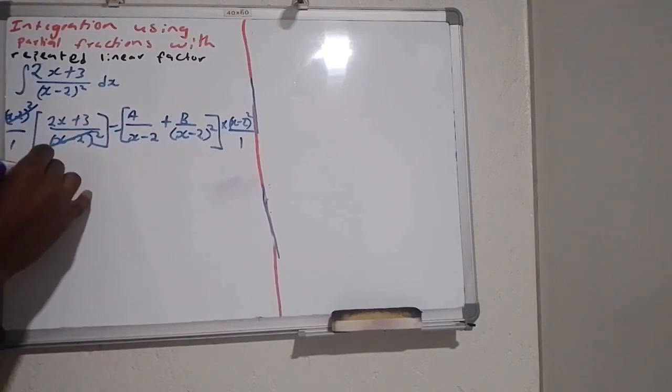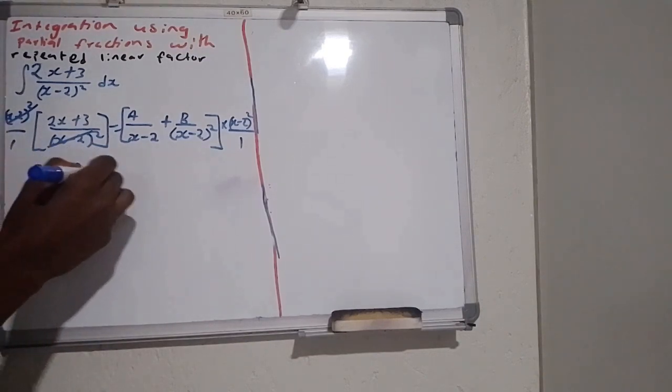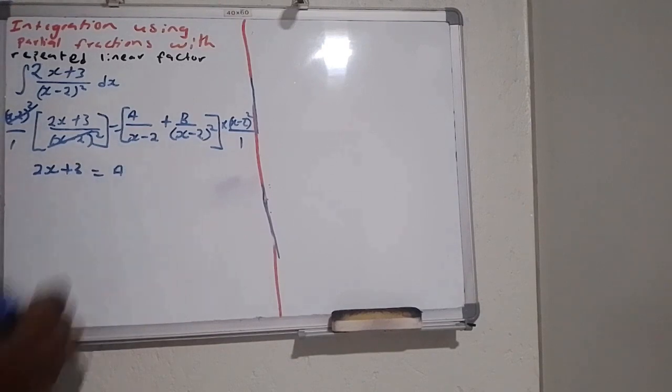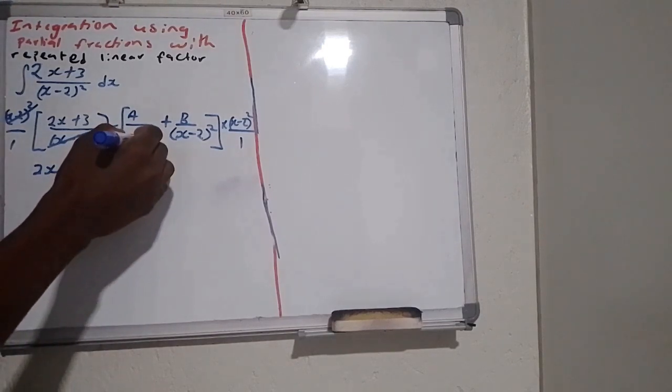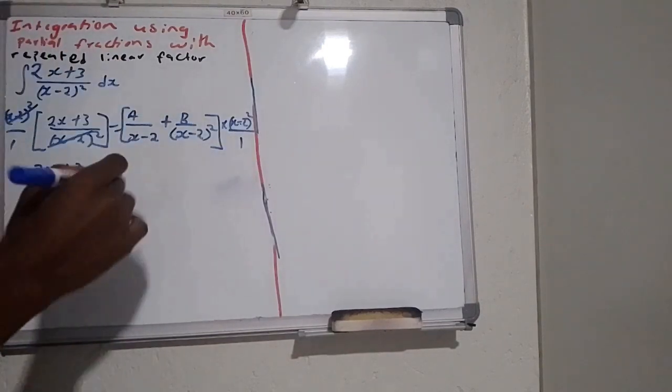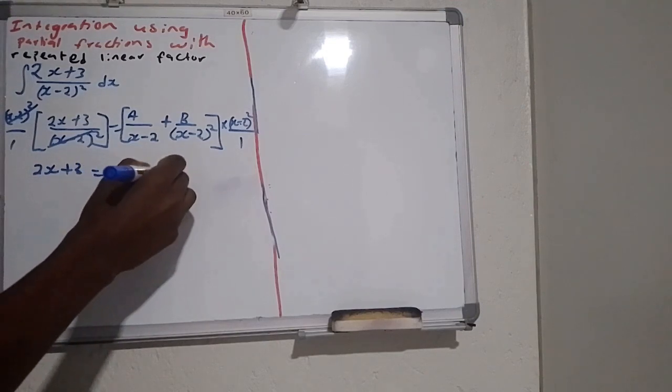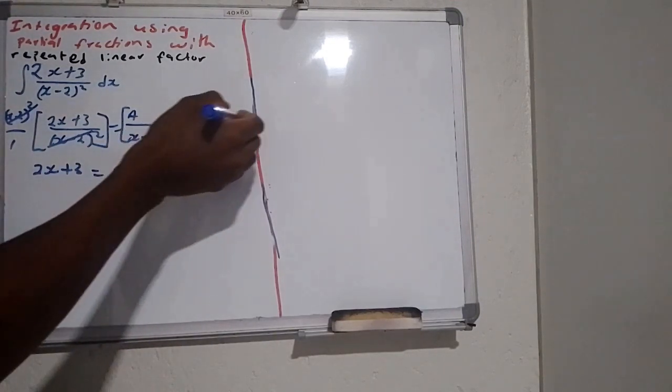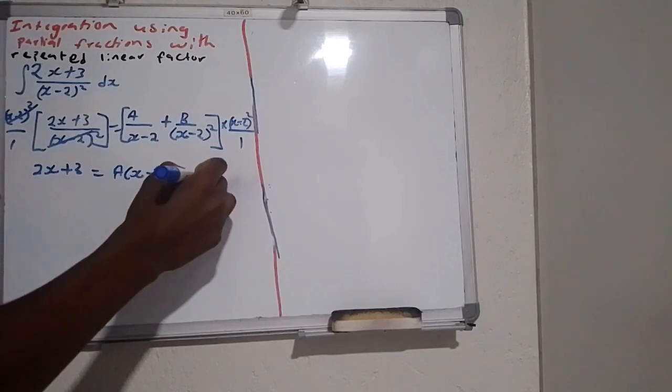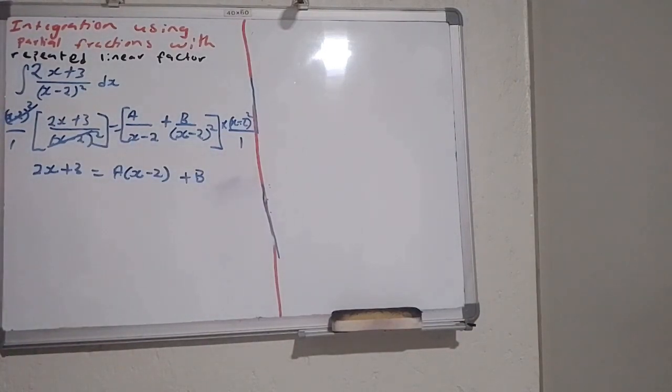Then I'll be left with 2x plus 3 equals A. This one goes into this one once, so I'm left with x minus 2. But this one and this one cancel, so I'll be left with plus B.